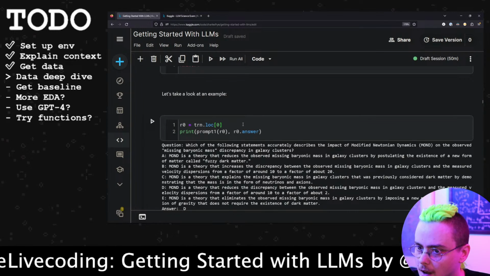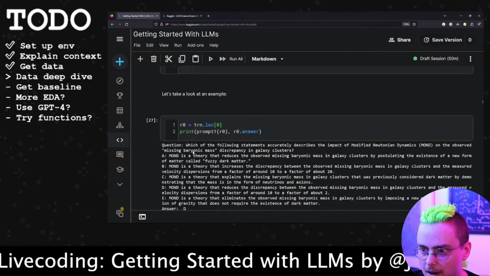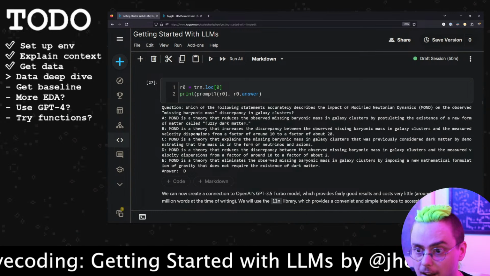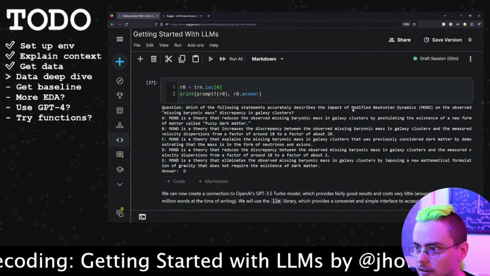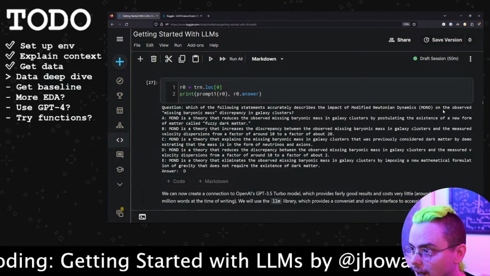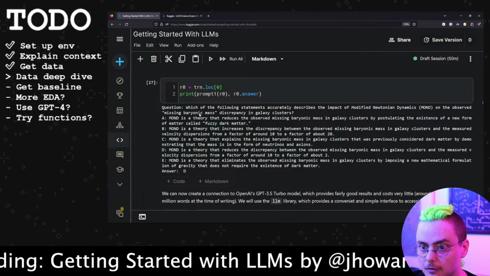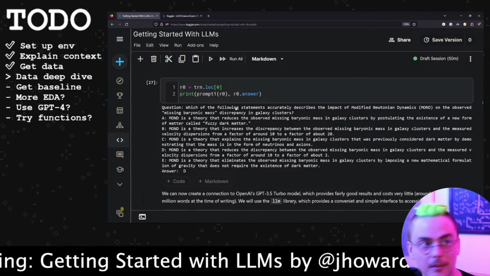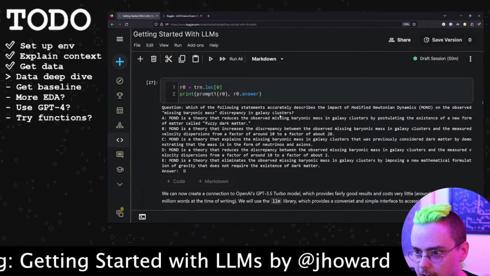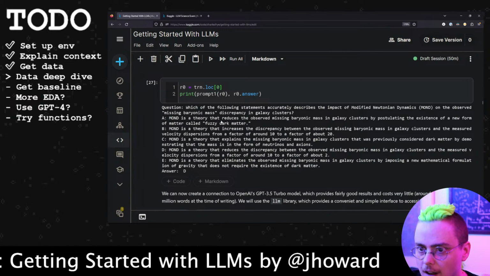But yeah, so we look at an example. Just because we're passing it to the model doesn't mean we shouldn't look at it. This is a question about the theory of modified Newtonian dynamics on the observed missing baryonic mass discrepancy in galaxy clusters. This is an astronomy question.